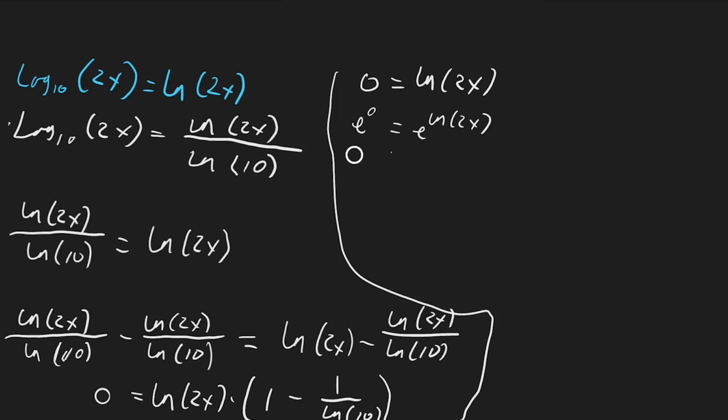And when we know how e works, we know that e to the power of 0 equals 1, and we know that e to the power of ln, those are opposite functions, so that will just be 2x, and this leaves us with x equals a half, which we probably could have guessed, but now we have calculated it as well.